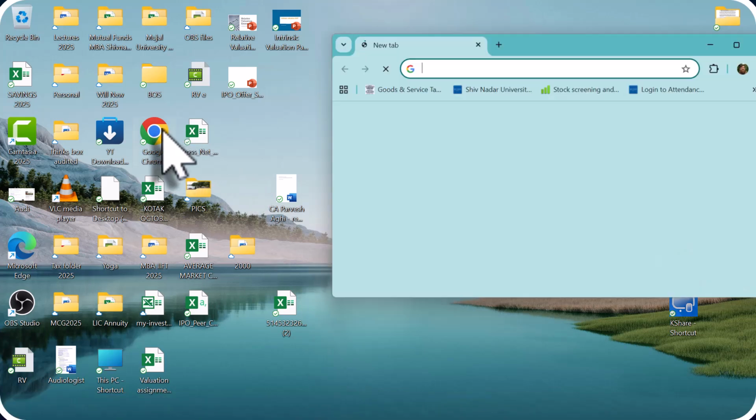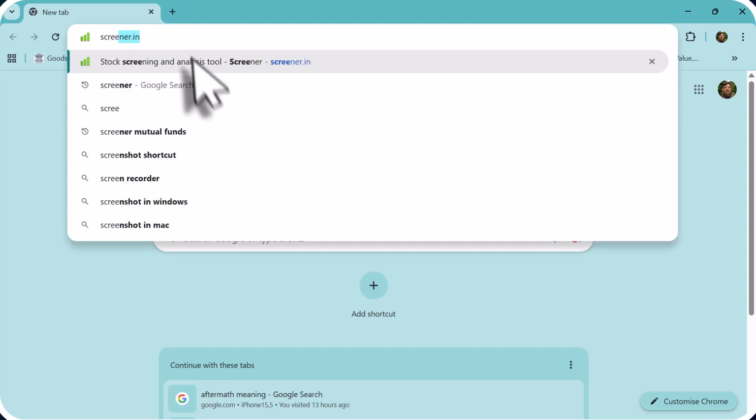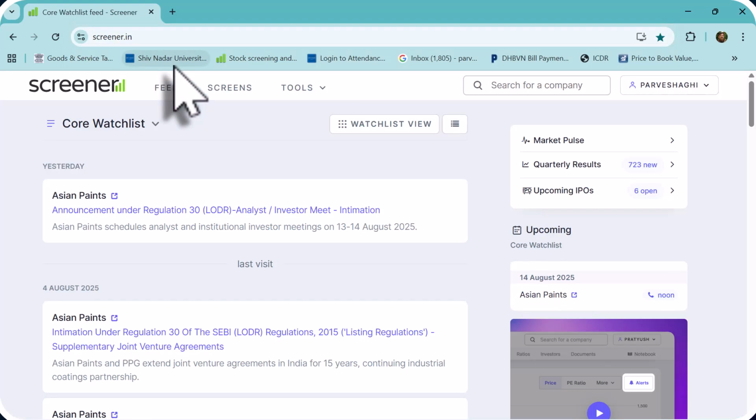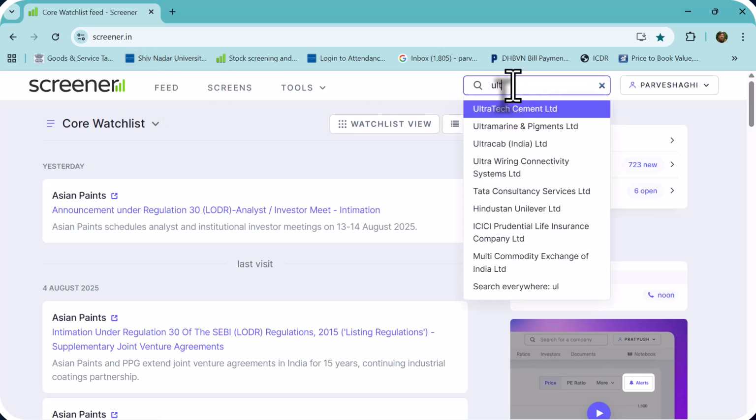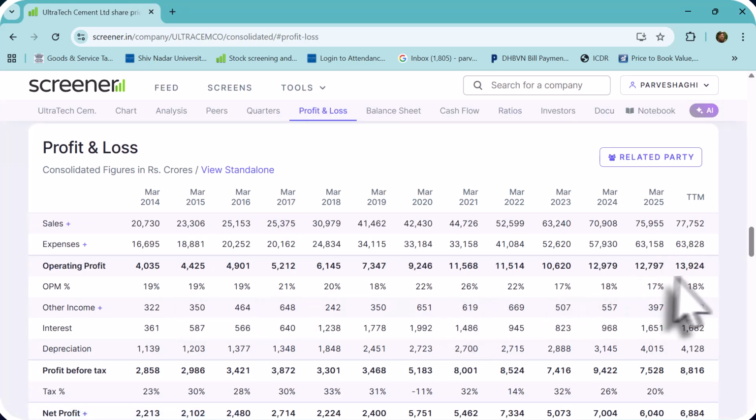For example, I've gone to Ultratech. If I go to sales, I have taken 13,924 as EBITDA, whereas in the columns I mentioned, I have taken the profit before tax, 8,816, plus the interest and depreciation.